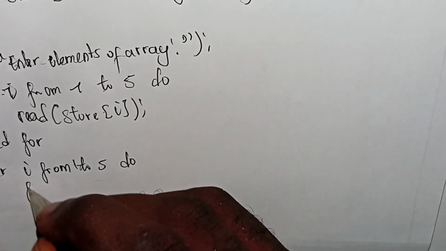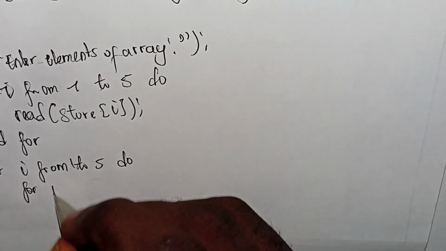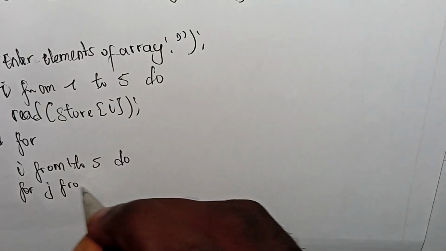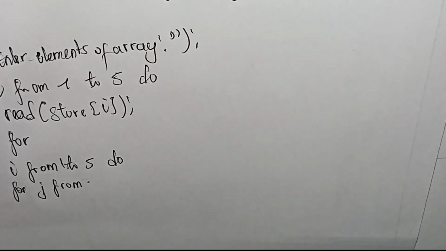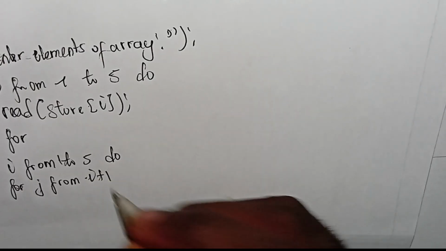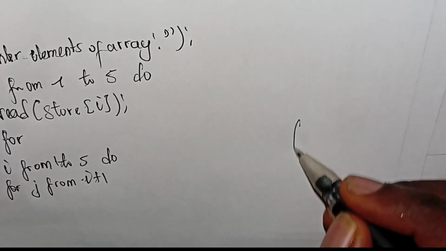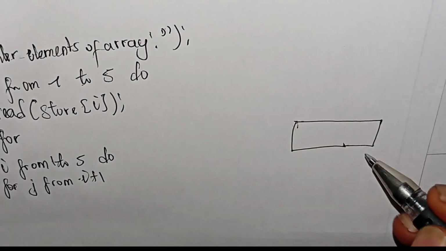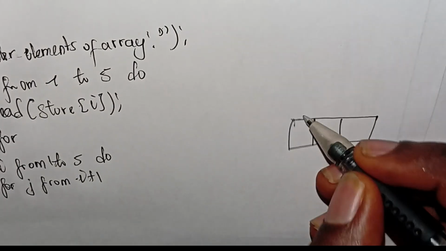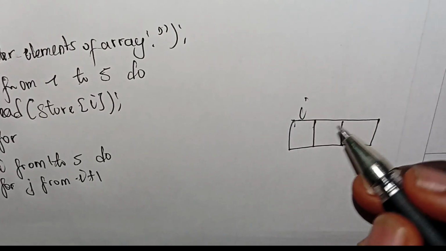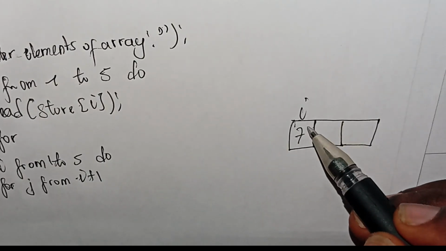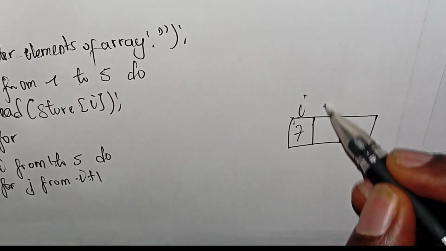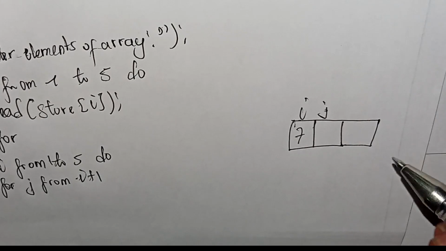Now for J from I plus 1, we remember the table, let's draw it here again. So this is I. So the first element is 7. So we want to take this first element. Now we want to take J. J will be this second element.